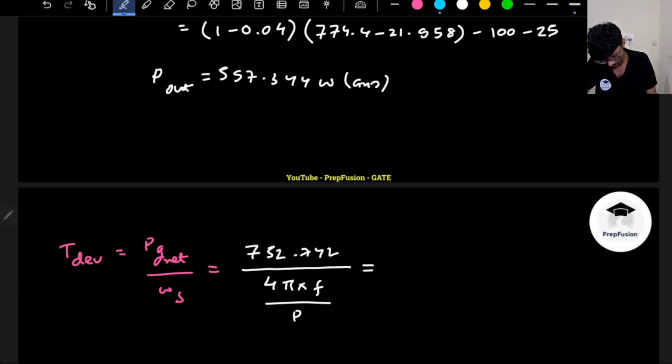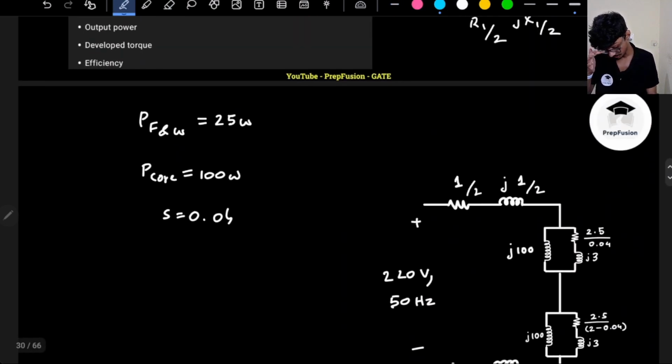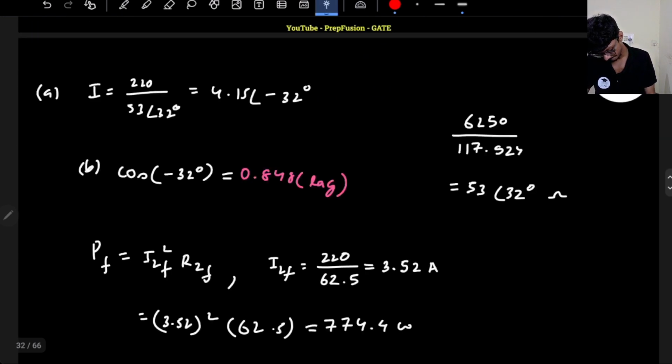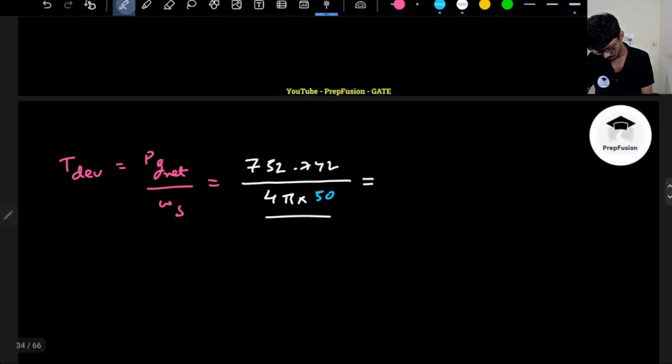So basically frequency is 50 hertz and number of poles is 4. It is a 4 pole machine, correct? Sorry, it is a 6 pole machine. These questions are just revision of induction machines, that's it. Induction motors, right?